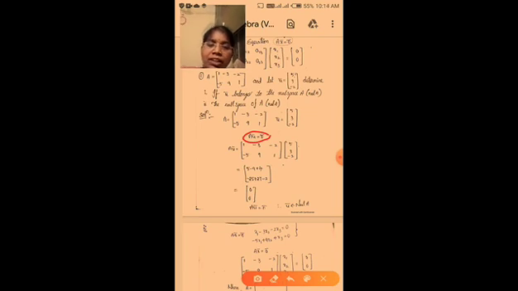So 1 into 5 is 5, plus minus 3 into 3 is minus 9, minus 2 into minus 2 is plus 4, so 9 minus 9 is 0. Then minus 5 into 5 is minus 25, 9 into 3 is 27, 1 into minus 2 is minus 2, so minus 25 plus 27 minus 2 is 0. So we get 0, 0, and therefore A u bar is equal to 0. That implies u bar belongs to null A.